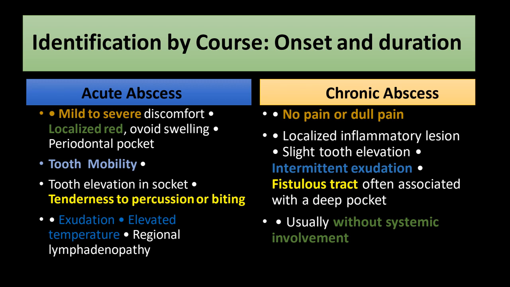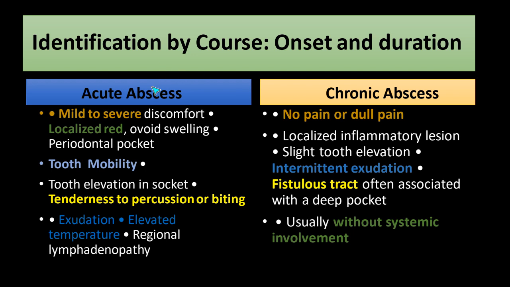Next, coming to the acute abscess and chronic abscess. This is the identification of periodontal abscesses based on course, duration, and onset. So periodontal abscess can be broadly classified into acute abscess and chronic abscess.